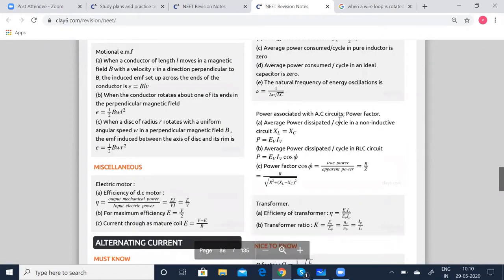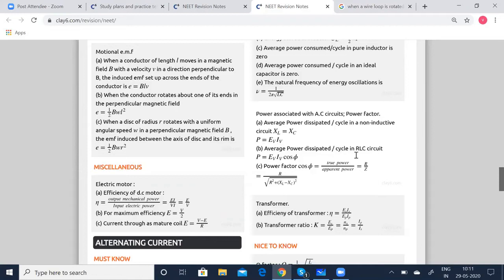Power associated with AC circuits, power factor. Average power dissipated per cycle in a non-inductive circuit, XL is equal to XC, P is equal to E_V times I_V.